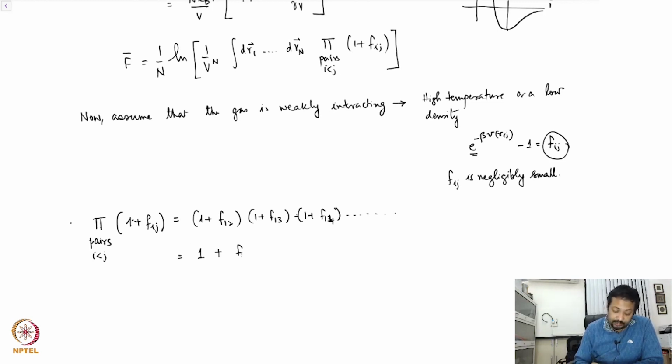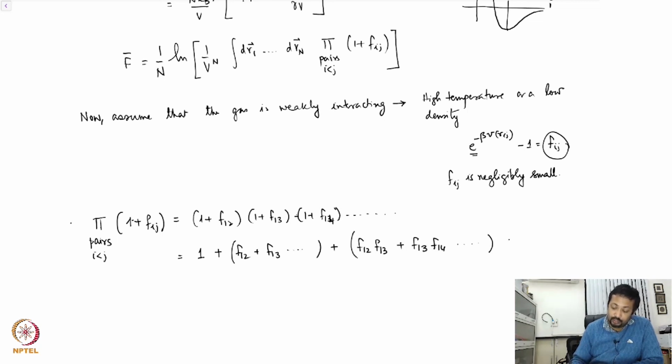The second term is f12 plus f13, and so on, all possible pairs, and then you have f12 f13 plus f13 f14, and so on.